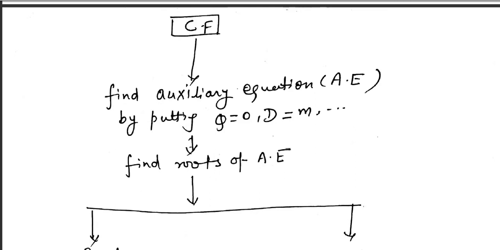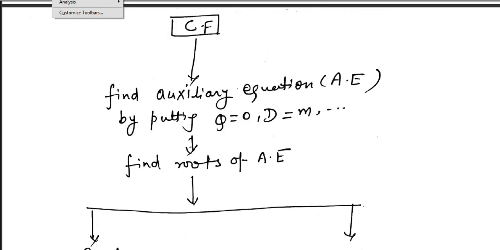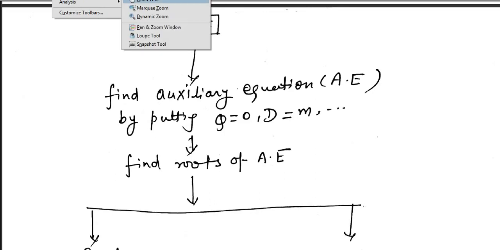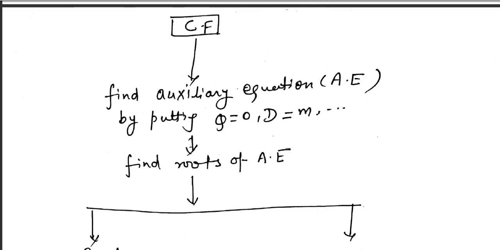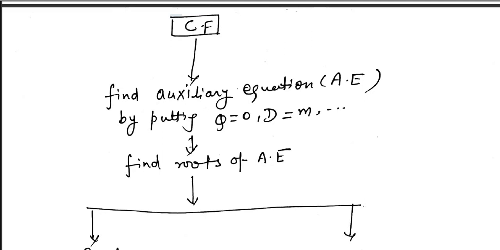To find CF, we first find the auxiliary equation.